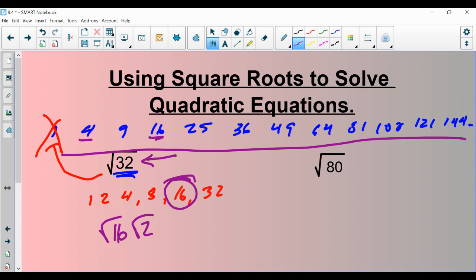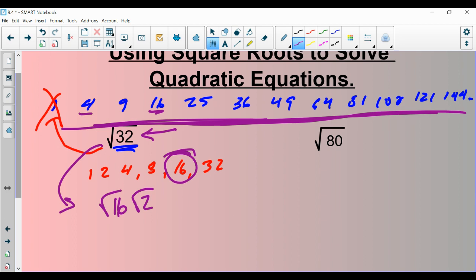So 16 times 2 is 32, and you're going to rewrite the square root of 32 as the square root of 16 times the square root of 2. One more time, how did we get that? Well, we listed all the factors. We picked the biggest one from this list up here. 16 is the biggest number in this list. And 16 times what is 32? 16 times 2.